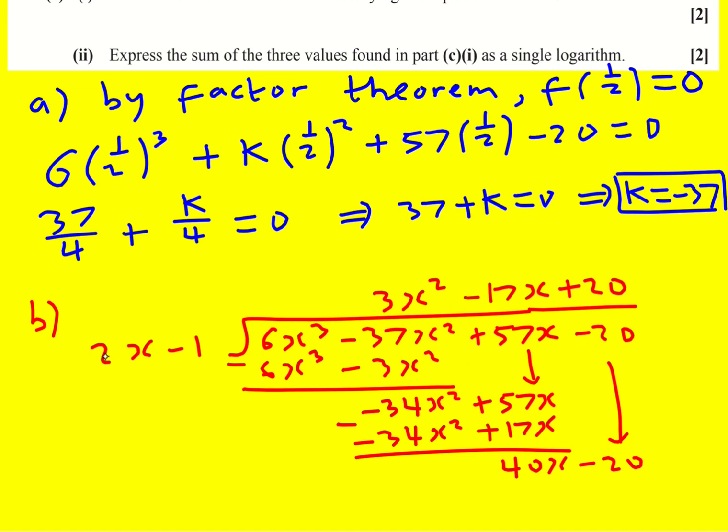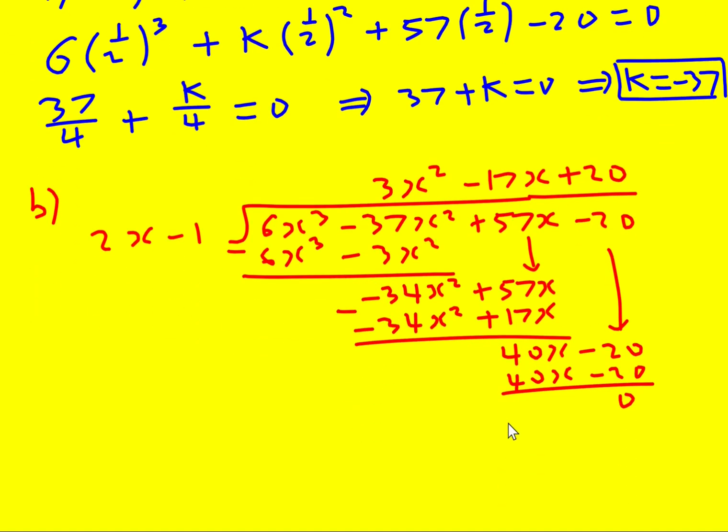Plus 20, because 2x into 40x goes 20 times, back through. We're expecting to get 0, so if we don't get 0, we know we made a mistake, but we'll get 0 here, so it's all good. Therefore, f of x equals this factor we just divided by, and the quotient, what we are left with.